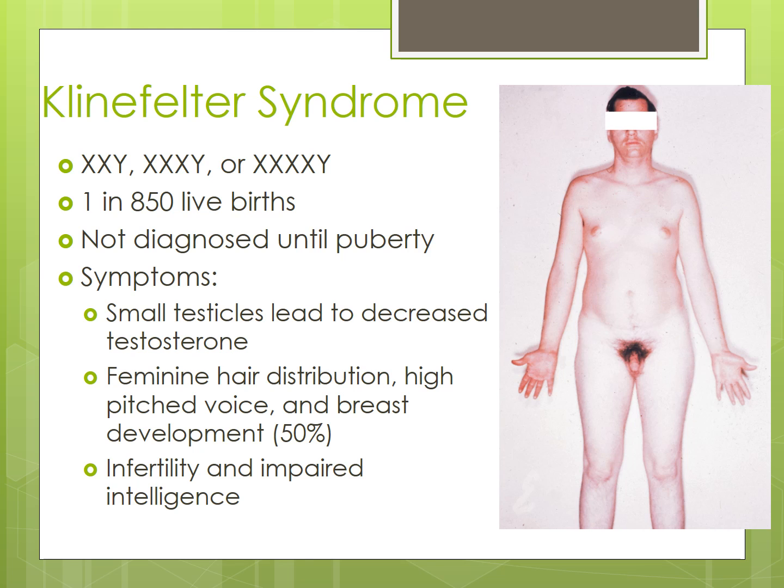So these individuals have smaller testicles that lead to decreased testosterone, so you're not developing the testosterone that you'd expect in boys in puberty. So they're not getting the secondary sex characteristics development, increased muscle mass, voice modulation changing. So they often end up with a feminine hair distribution.